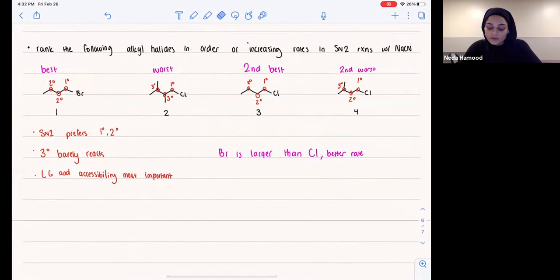They all have primary carbons there. And the second thing that we look at is either secondary or tertiary, so we just go to the next carbon. So then our final answer here would be 2, 4, 3, 1.